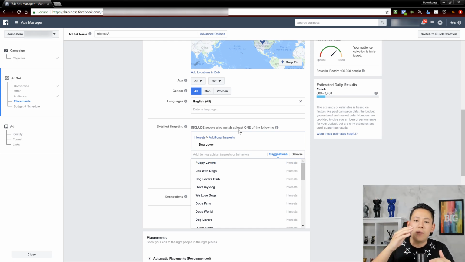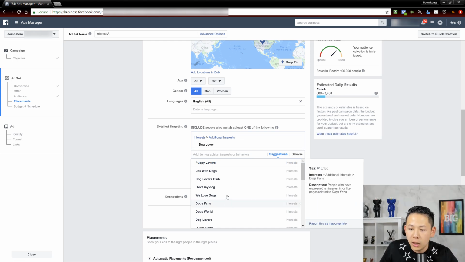As I've mentioned just now, you want around 5 to 10 ad sets, ranging from 200K to the 2 million group. By spending $5 on each ad set, let's say you have 5 ad sets, you're going to be spending $25 a day on this specific campaign for the product that you're going to launch.